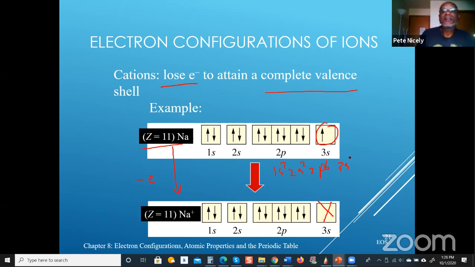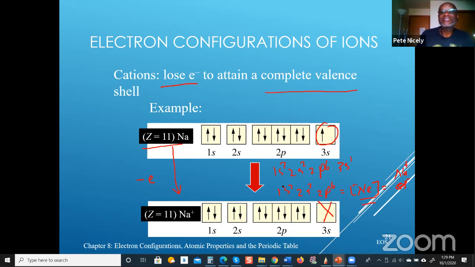3s1. But in the case of the cation here, let me write it, the electronic configuration is going to be 1s2, 2s2, 2p6. And this is identical to neon. So the electronic configuration of sodium cation, I'm sorry, is identical to that of neon.